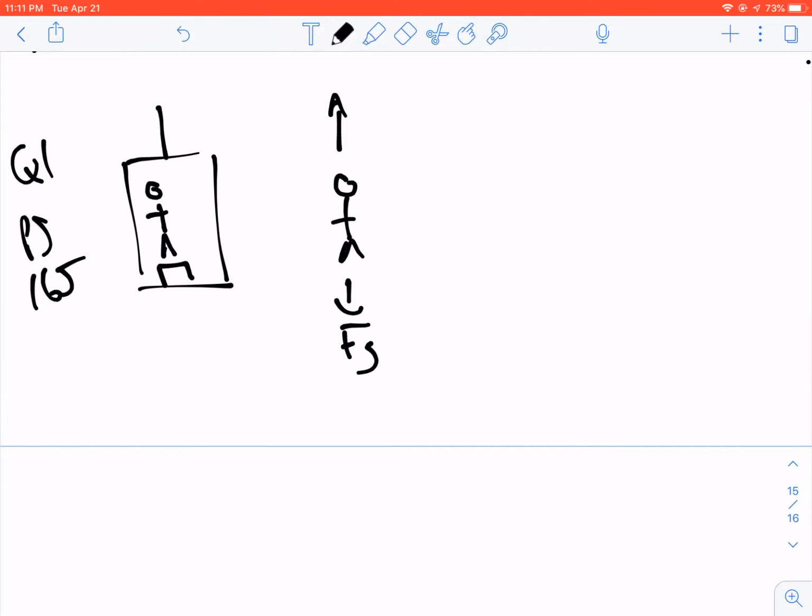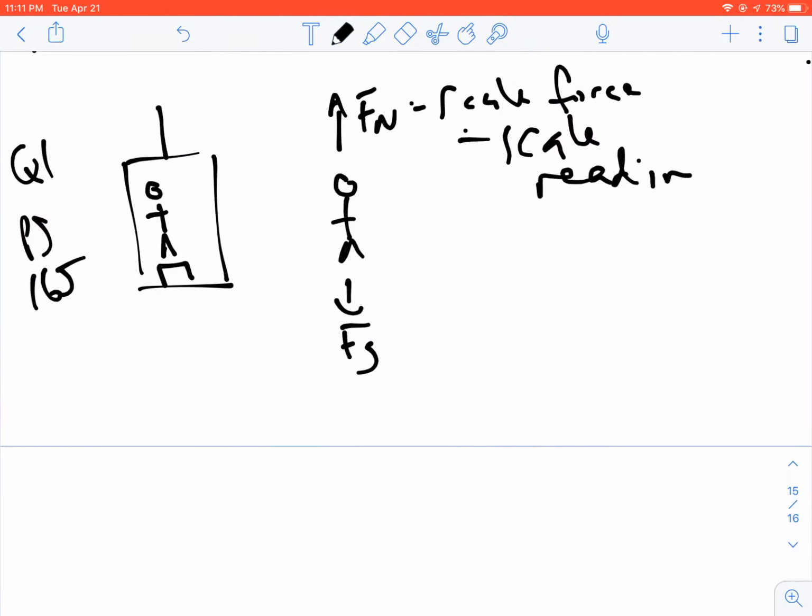Now, as the planet pulls down, what's creating that normal force? Well, it's the scales. It's the force produced by the scales themselves. Now, the reading on the scales is how much force the scales are having to apply. So this is equal to the scale reading. Okay, so that's what's going to read on the scales.